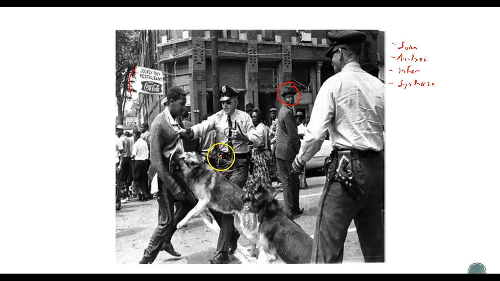guilty. And these people in the background also seem to be at a distance, as if this kind of thing happens a lot. So we could synthesize and say that, and then we could even evaluate it and say, this is a very powerful picture because it depicts police violence or police brutality, which is something that's still going on even today.